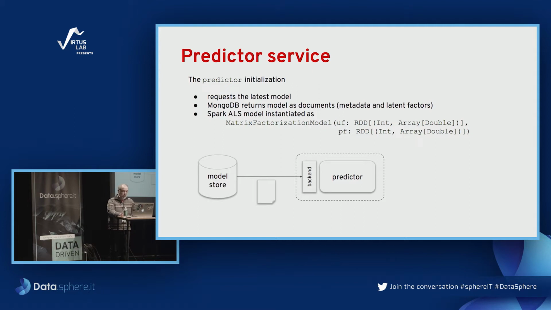The Spark ALS representation is a specific instance of a Spark class, the matrix factorization model class. This is not exposed in PySpark's API, and the parameters you need to initialize it are typed with Scala types, not even Java types, which you can't easily do from Python. So what can you do?